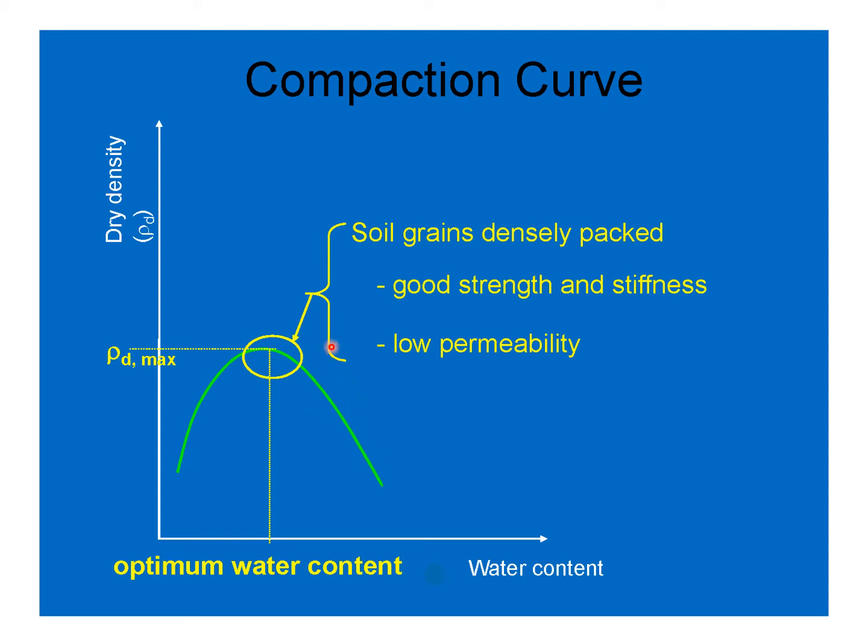So if you just look at this curve and focus on this part, we can see that here in this region soil grains are densely packed, and we are having good strength and stiffness and obviously low permeability.